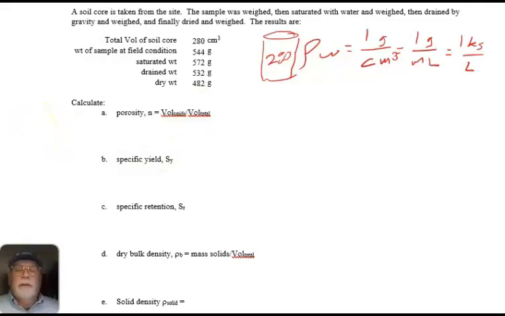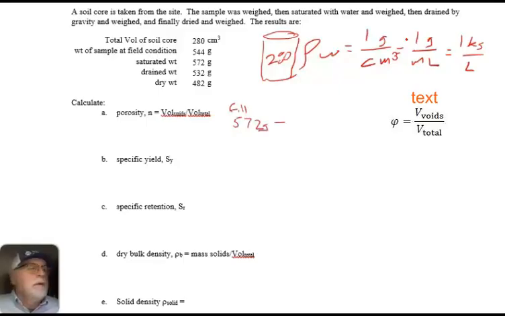So the porosity is the volume of voids over the volume total. When it's all filled, all saturated, it's 572 grams. And when it's all dry, it's 482 grams.